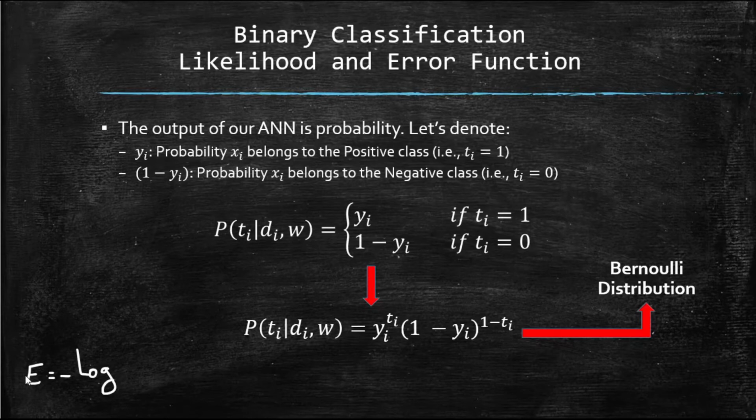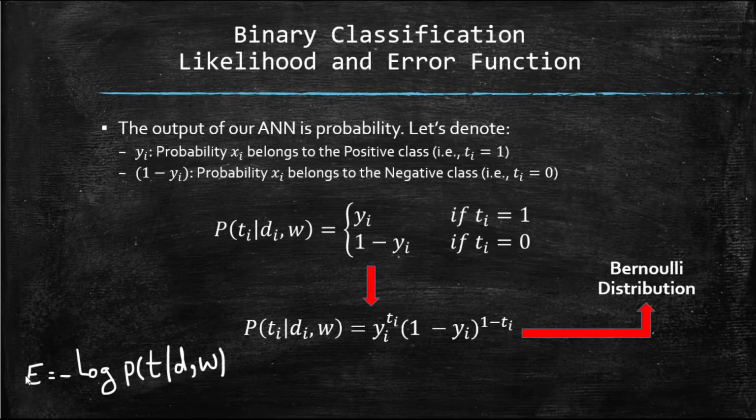And the likelihood was nothing but the probability of T given D and W, D being your input and W being the parameters. Sometimes they denote the inputs with D, sometimes with X, so please consider that interchangeable. That is the whole idea.